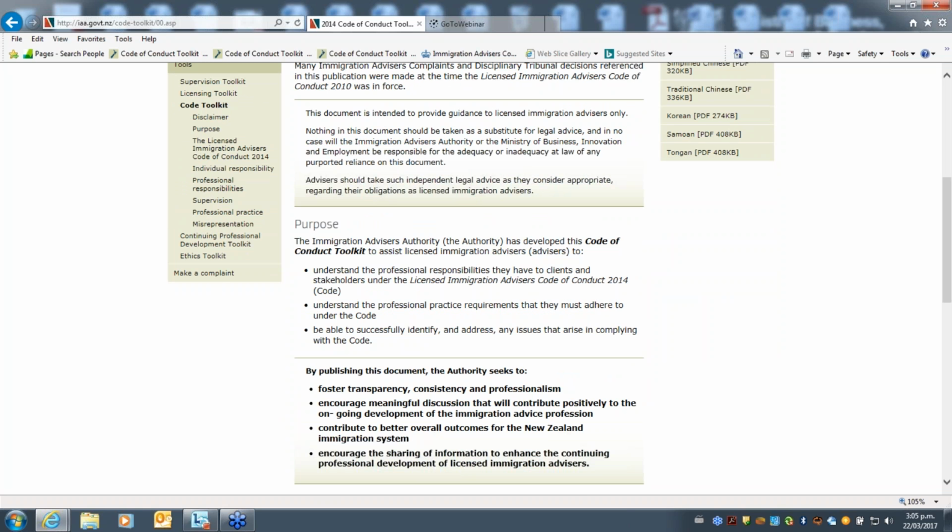That's what you are bound by as a licensed advisor. And here at the authority, the guidance we're talking about today is really to help you understand the requirements in the code. It's not about setting another layer of rules or requirements. We always need to come back to the fact that all you're bound by is what is in the code.